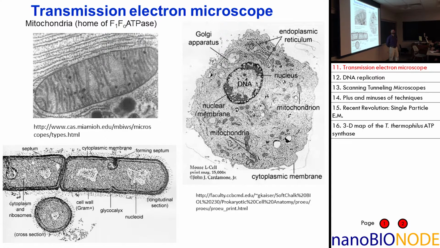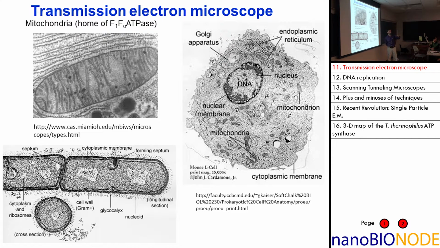Okay. So now we get to at least the fun part of some really cool images. This is for a transmission electron microscope, and basically, the resolution is on the order of 1 to maybe 5 nanometers or so, and again, it has to be a very thin sample, so the electrons would hit it.